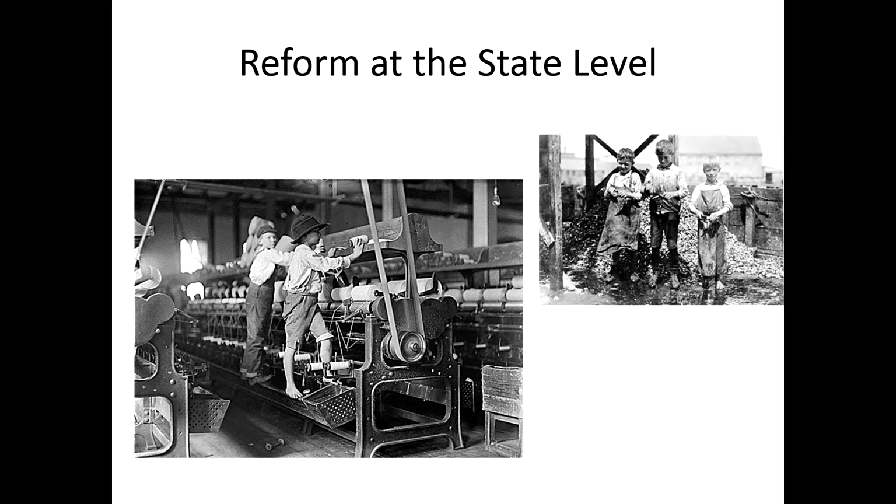Reform happening at the state level is really focused at protecting working children. Factories liked to hire children because they would work for lower wages and it was easy for them to handle small parts or tools.